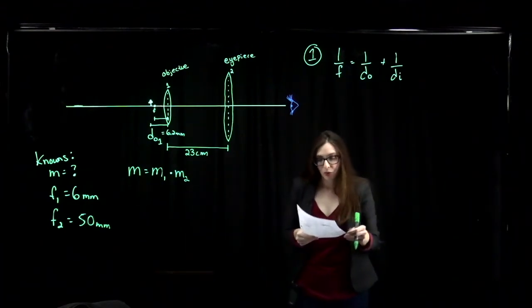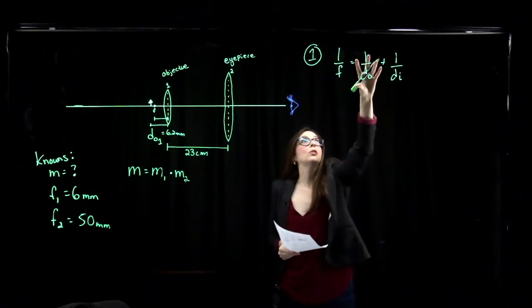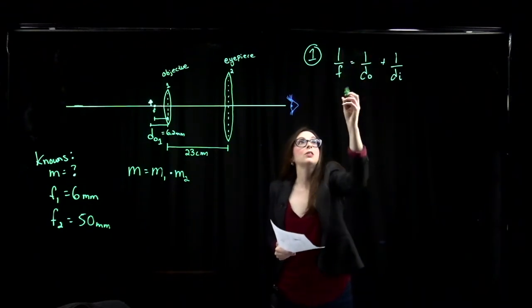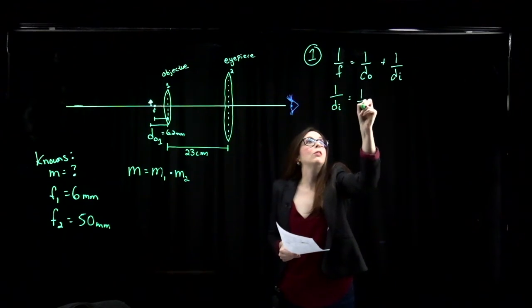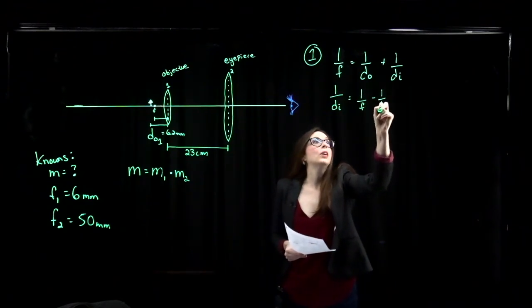So I'm going to solve this for di. I move the term 1 over dO to the other side: 1 over di equals 1 over f minus 1 over dO.